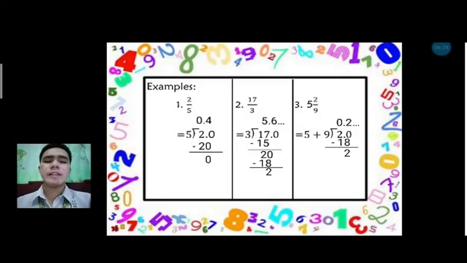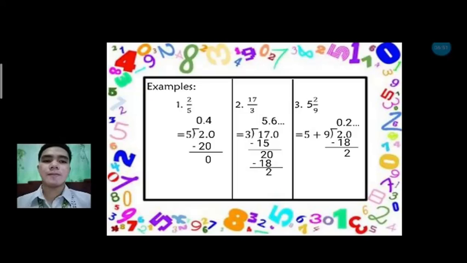We are unable to divide 2 by 5, therefore we have to add 0 here. So that is 0. Take note, if you have the decimal point here, we will also add a decimal point on the quotient. So we add 0.